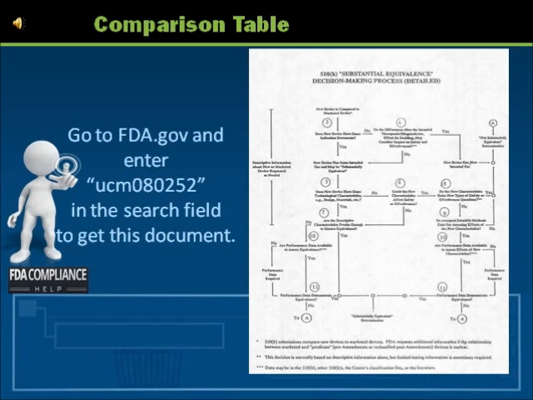The answer to 4 must be no. Question 5, does new device have same technological characteristics? If the answer to question 5 is no, then question 6, like question 4, asks if the difference affects safety or effectiveness. 6 must be no, or else you will not receive 510K clearance.